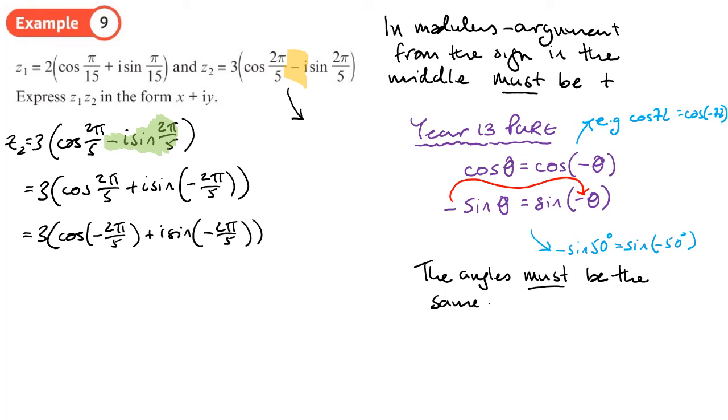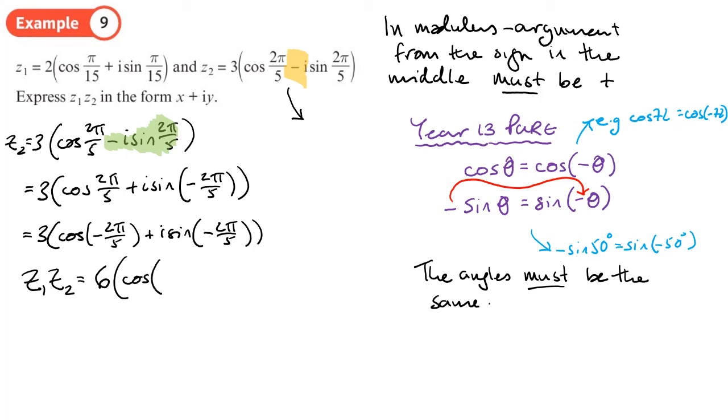Now we can multiply them and work out Z1 times Z2. So Z1 times Z2, what do we do? We multiply the moduli, so it's going to be 2 times 3, which is 6. We add the arguments.